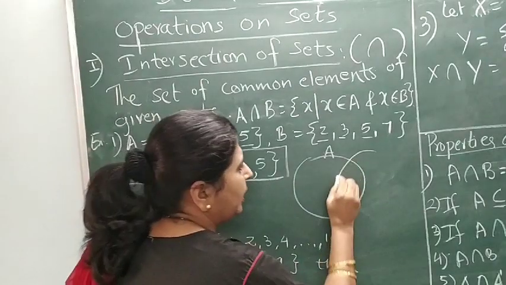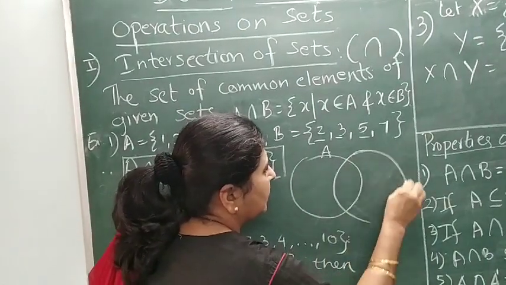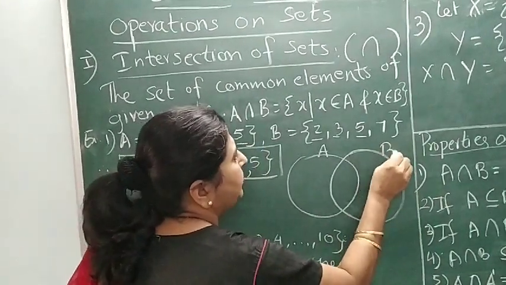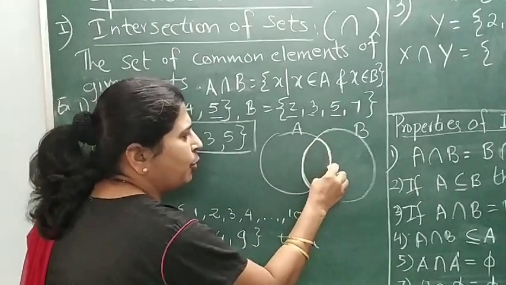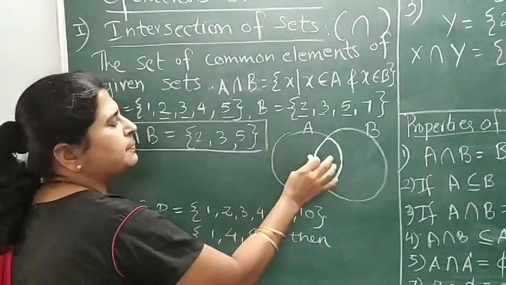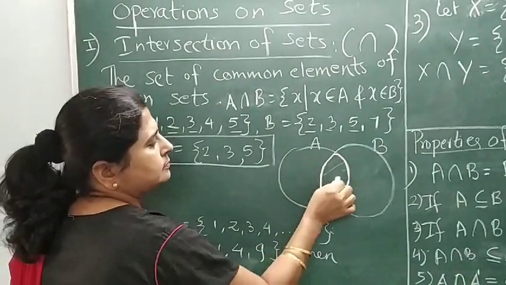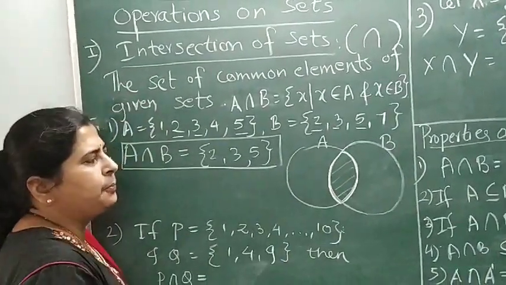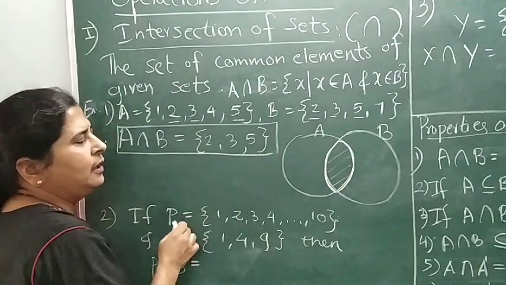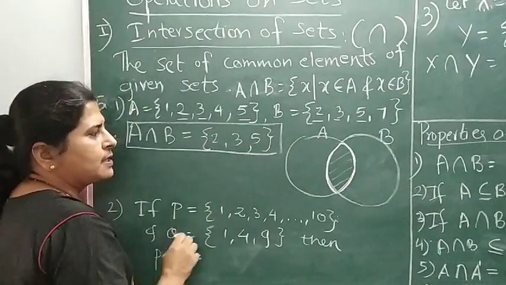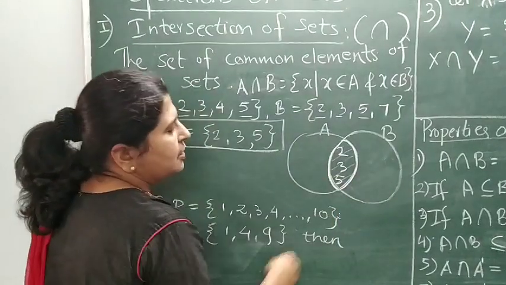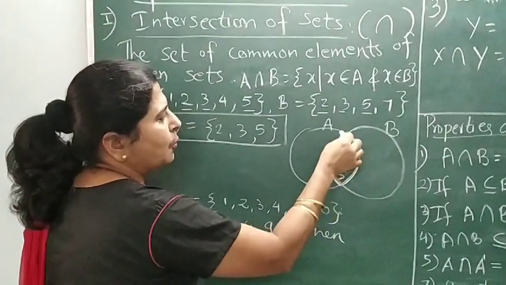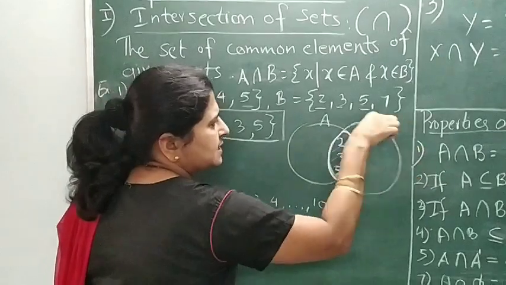So let's draw 2 circles intersecting each other like this, and suppose this is set B. Now this part especially is a part of both circles. It means it's part of both sets A and B. So here in between, we can write the common elements which are 2, 3 and 5. So these 3 elements are common to set A as well as set B.